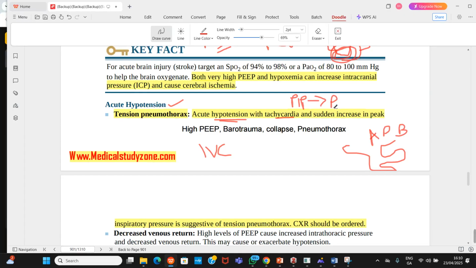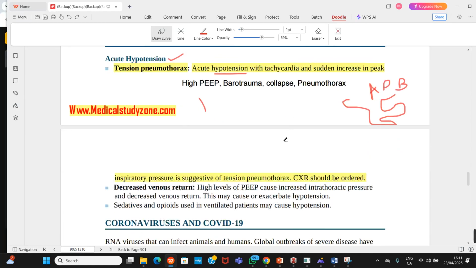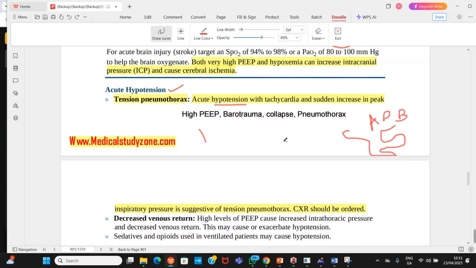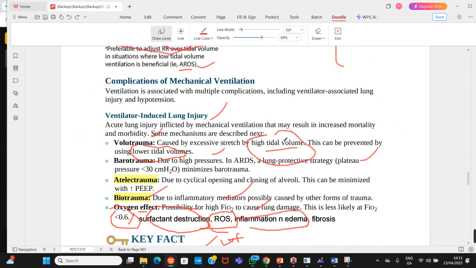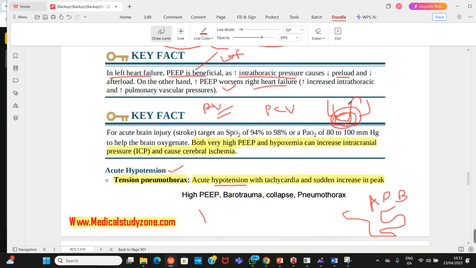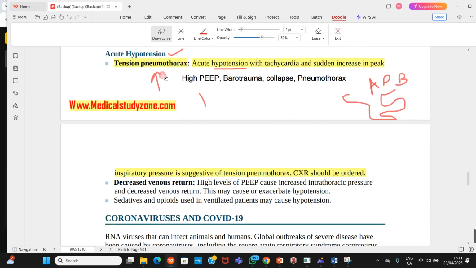Peak inspiratory pressure is the total one, so this one doesn't tell us what is specifically happening. The resistive pressure? No. Decreased compliance. What pressure is going to be increased if there's reduced compliance? Plateau pressure.